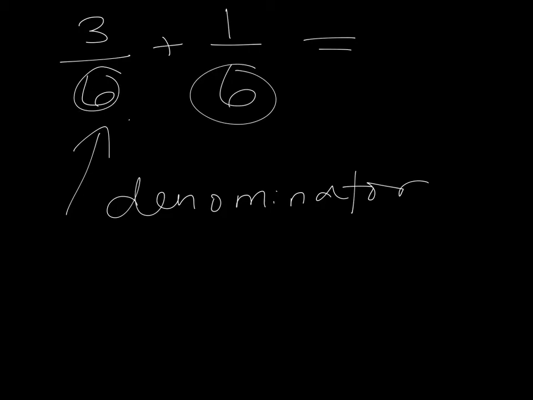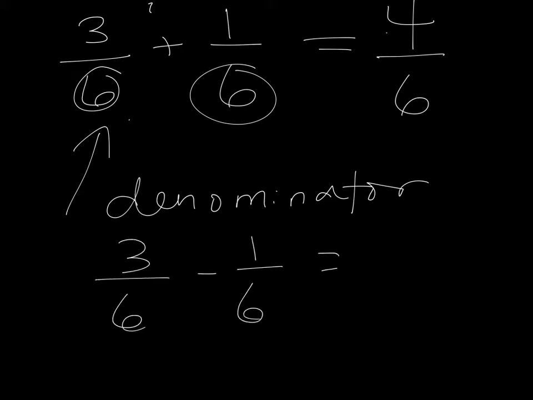That makes my life super easy, which means when I'm adding, I only add the top numbers. So I go 3 plus 1, that equals 4, and I keep the bottom number the same. Same with subtracting, 3/6 minus 1/6. You just minus the top numbers. 3 minus 1 is 2. Keep the bottom numbers the same, right? You guys have been learning that for years. That's nothing new. It makes adding and subtracting very easy when the denominators are the same.